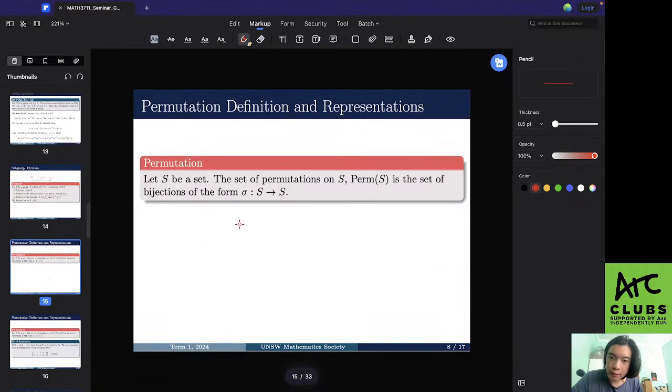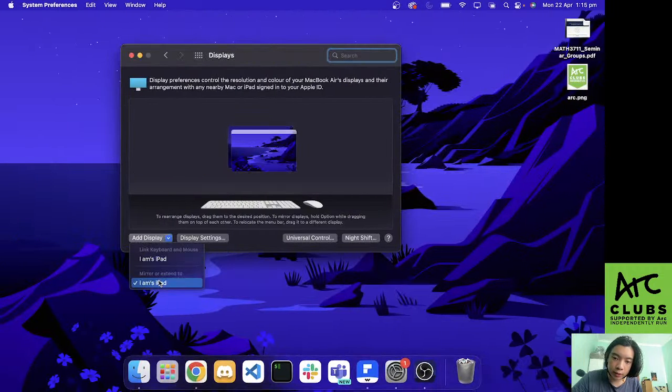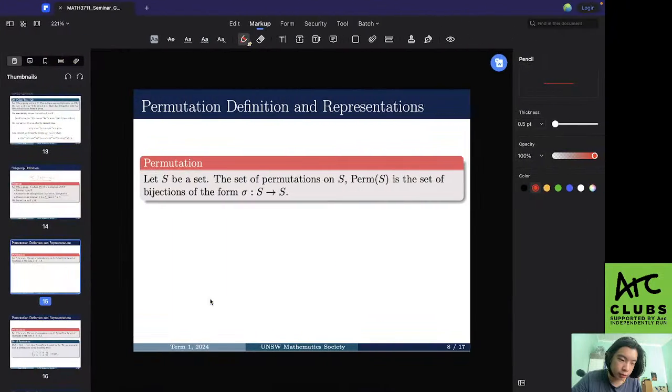Now, let's look at permutations. Permutations are essentially just a way of taking some set and rearranging them, right? For this rearrangement, we can look at some kind of bijection, right?